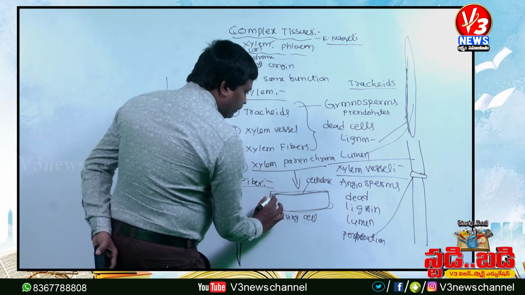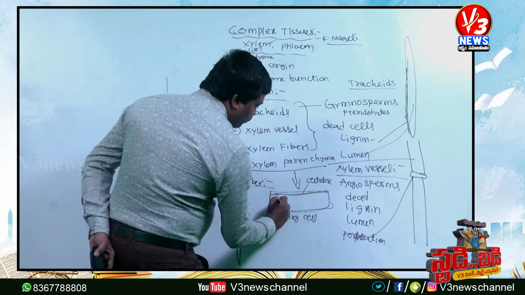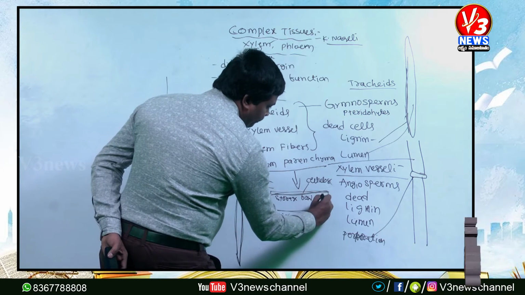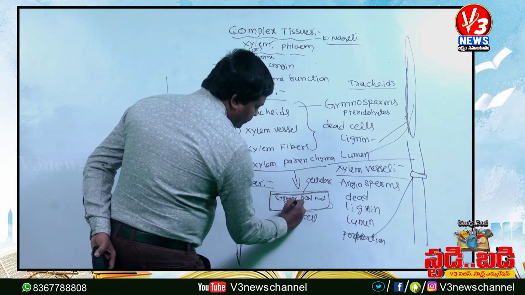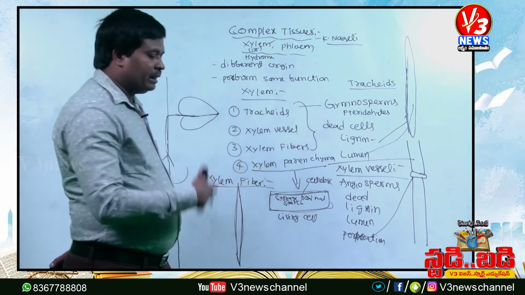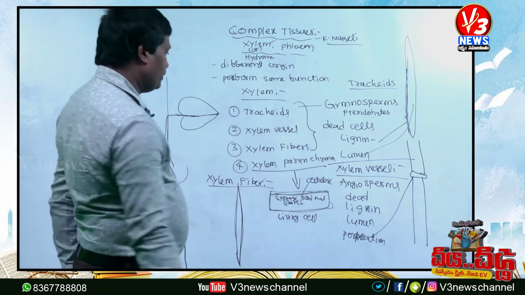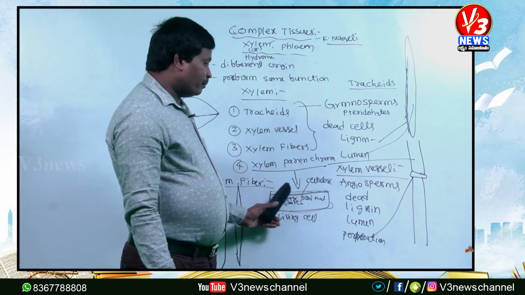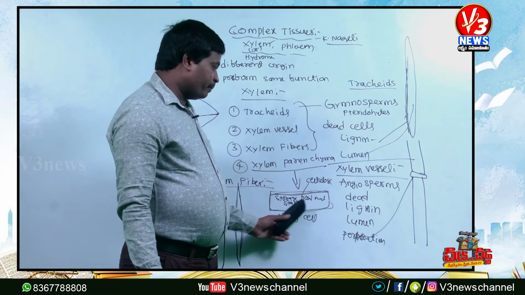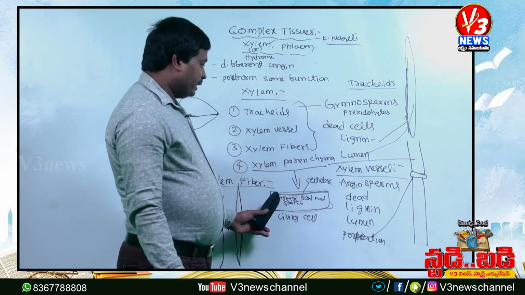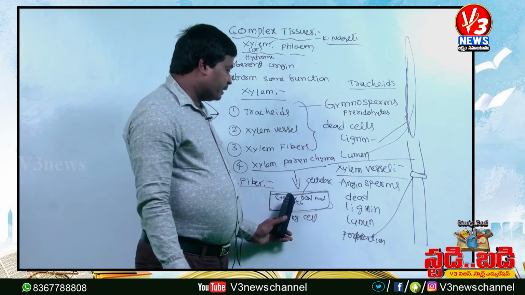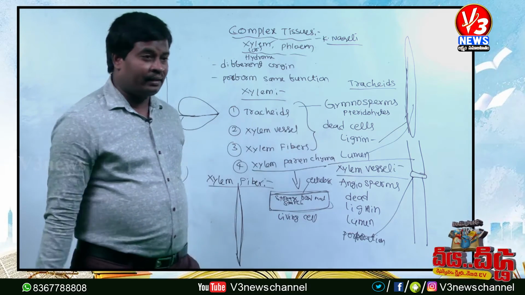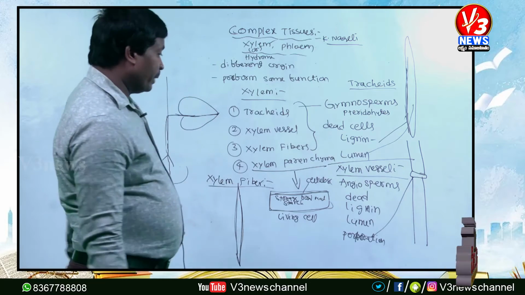And xylem parenchyma stores food material in the form of starch. What is the food material? The carbohydrates or proteins are stored in the xylem parenchyma, because it is covered by a cell wall made up of deposited cellulose, and inside the protoplasm it contains stored food material. Not only primary metabolites but also secondary metabolites are present in the xylem parenchyma.